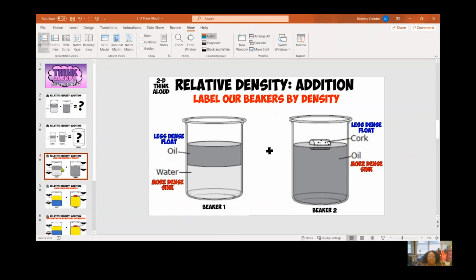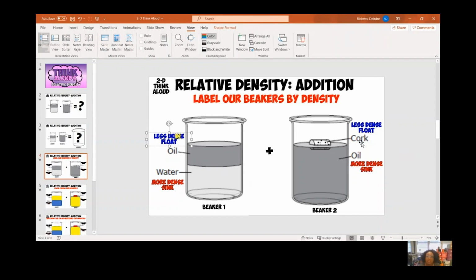Let's label our densities. And I've done it right here. I have the water is more dense compared to the oil. And so it sinks. And I have the oil is less dense than the water because it floats on top of the water. So we labeled our beaker number 1. Let's go to beaker number 2.